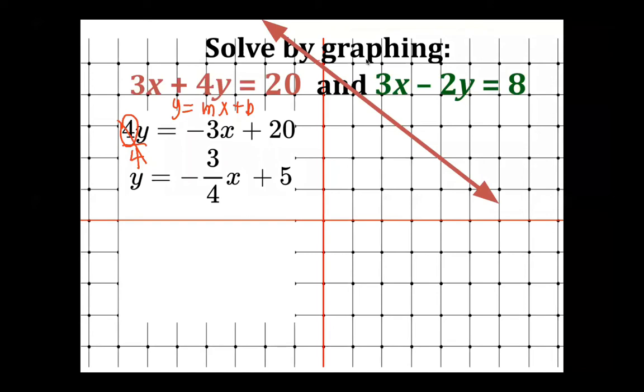So you would have your y-intercept, which is positive 5 right here, and then you can plot other points using your slope.